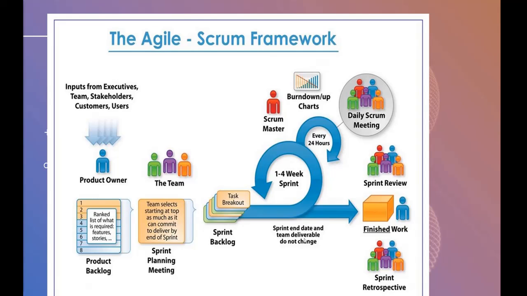The sprint end date and the team developers do not change. So they are saying that if you fix the end date, it cannot be changed. Again, the sprint team cannot be changed. It's constant. Also, sprint duration is constant.